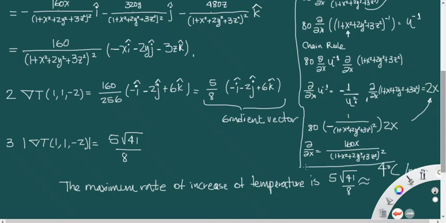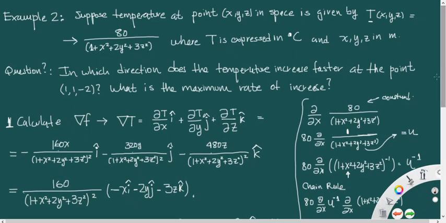And this is the result of the first one. This is more about how to get the partial derivatives. So this is the first one, and you can repeat the same procedure if you want to get the other two. So now we are clear on how to get the partial derivatives with respect to x, with respect to y, and with respect to z.